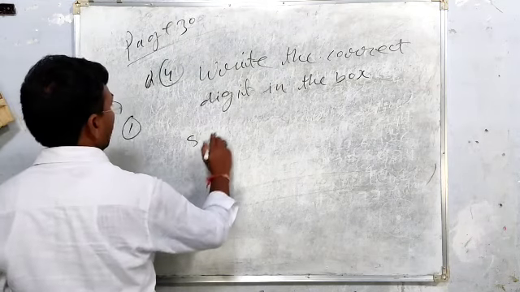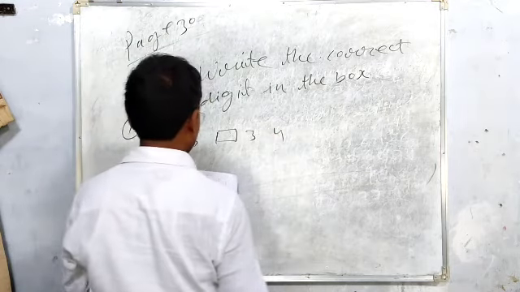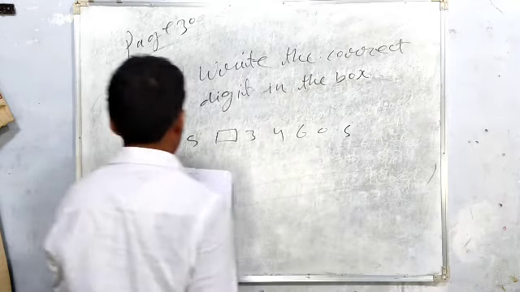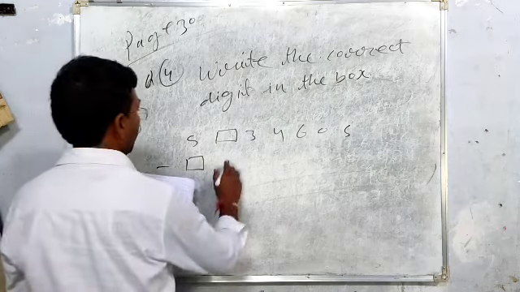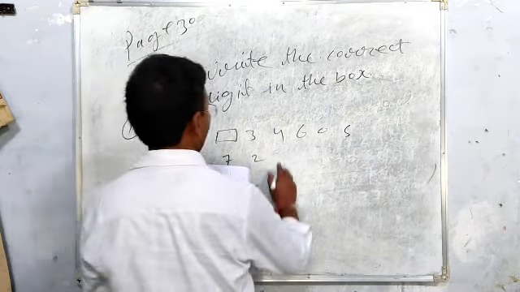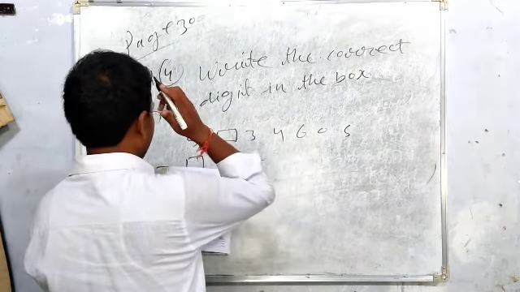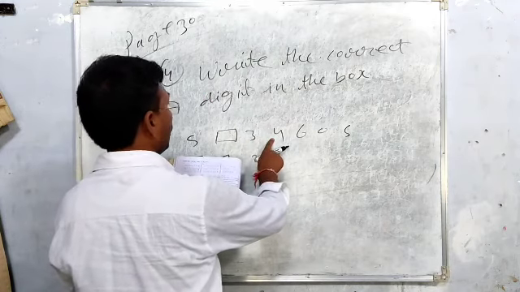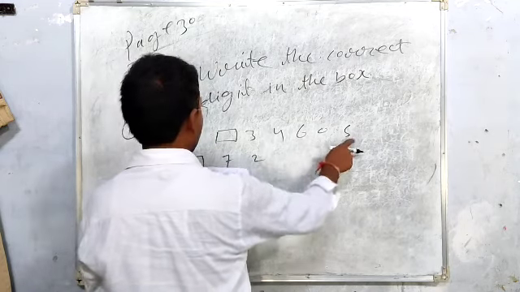here 5 and here a box is made, 3 4 6 0 5 minus, here a box is made and here 7 and here 2 and here a box, 3 5.